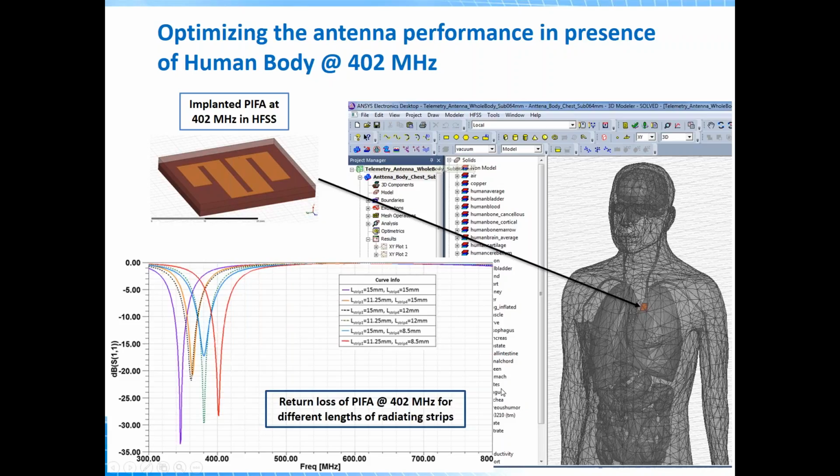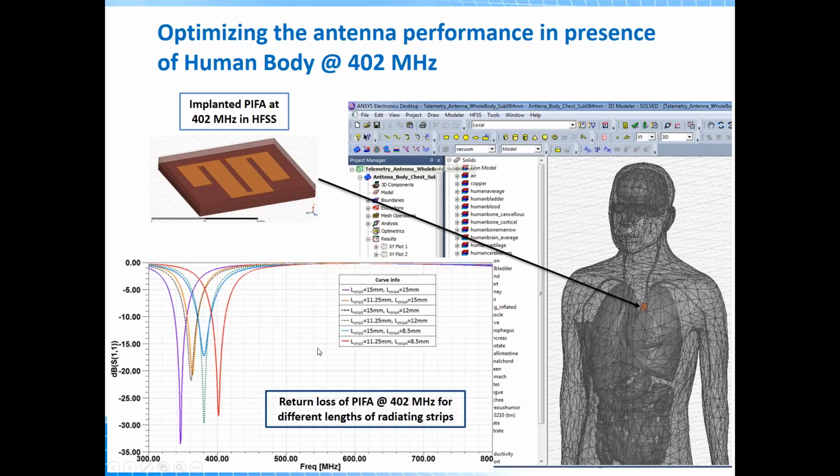As you can see, when the antenna is located in the human body, which is a lossy media, the antenna performance is going to change. So we did a parametric analysis for the radiating part, like the strip of some part of the PIFA antenna.